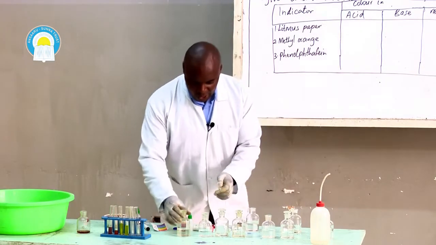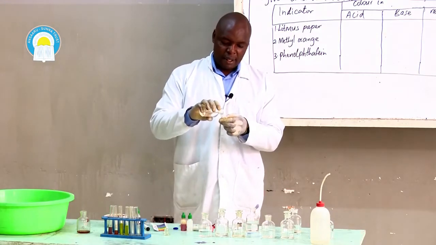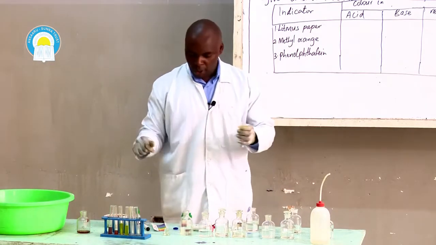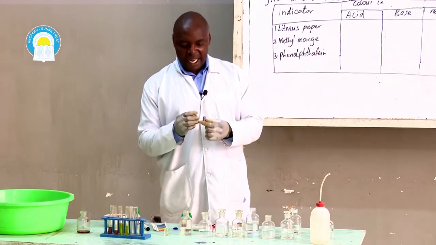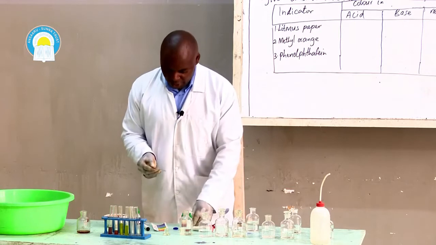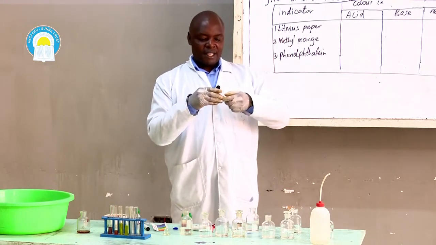So let me start with a solution of hydrochloric acid. Let me see the color that litmus paper is going to show in a solution of hydrochloric acid. So I'll just dip the litmus paper inside there.